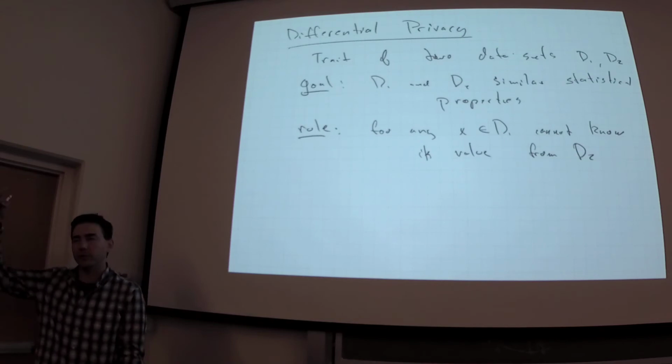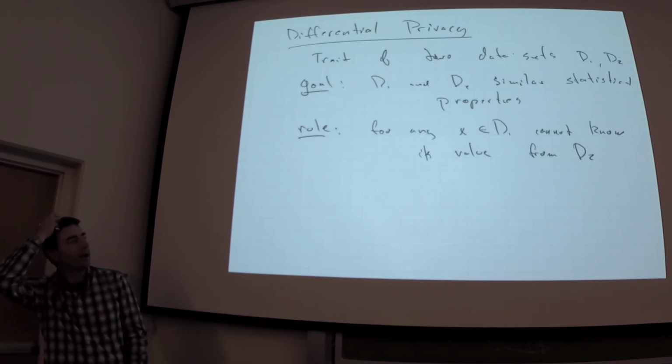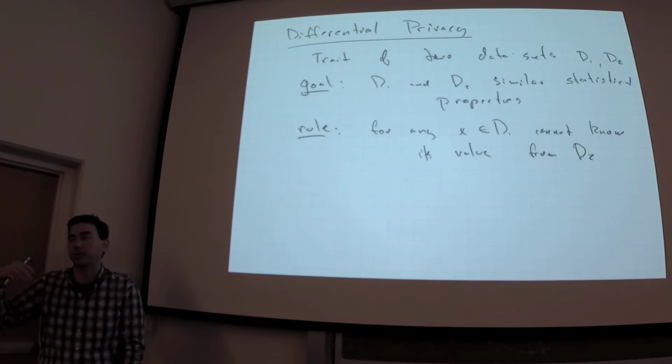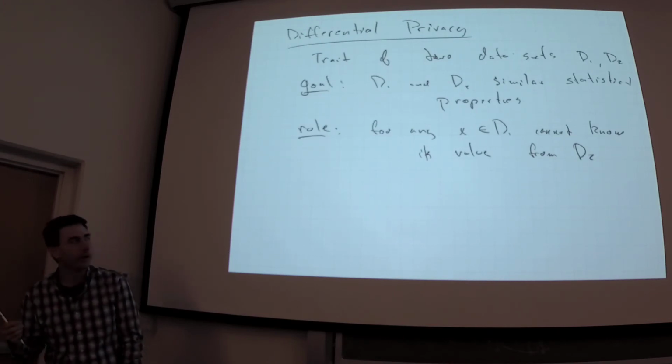So I have two similar data sets, D1 and D2, and for any data point in D1, I cannot infer something particular about its value by just looking at D2.